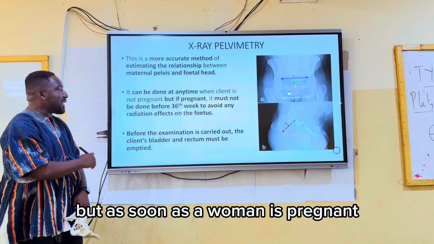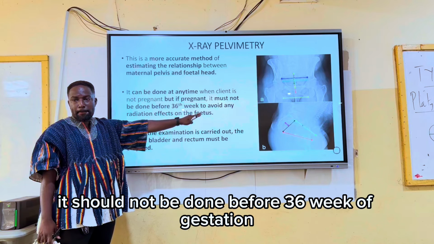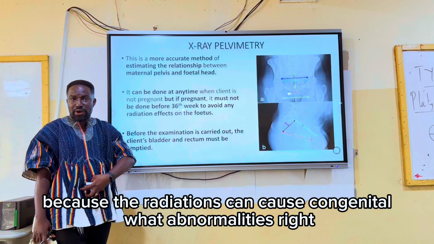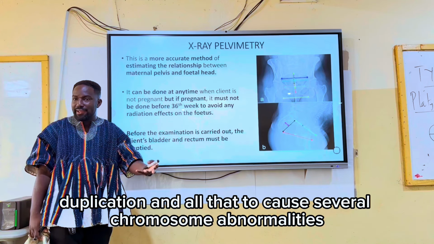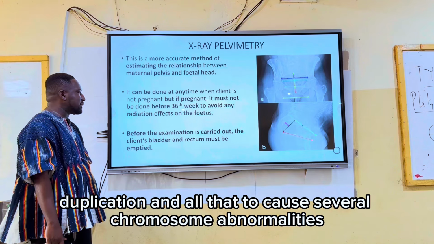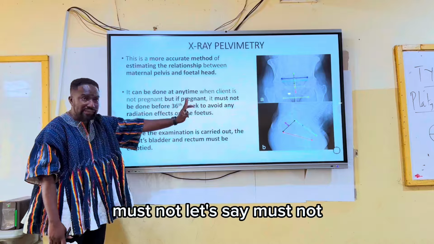But as soon as the woman is pregnant, it should not be done before 36 weeks of gestation, because the radiations can cause congenital abnormalities, right? So we don't want to have deletion, insertion, duplication, and all that causing several chromosomal abnormalities.